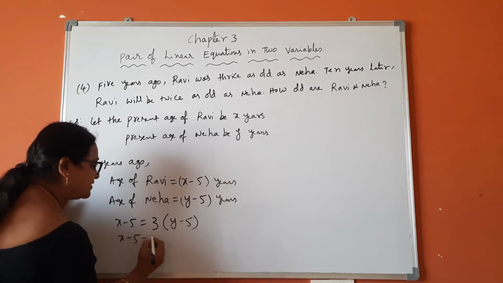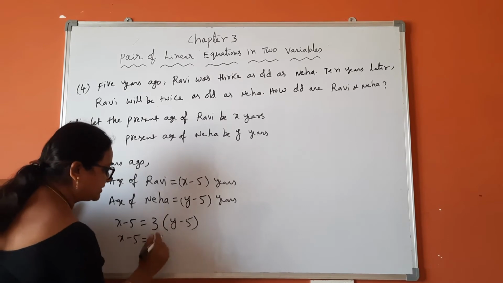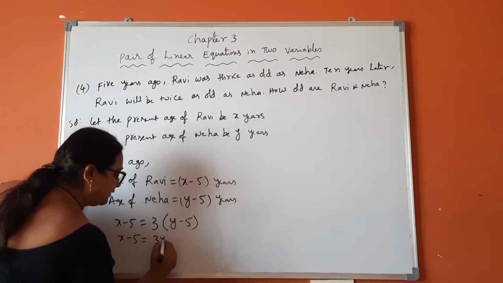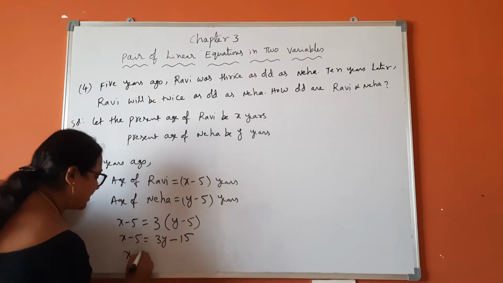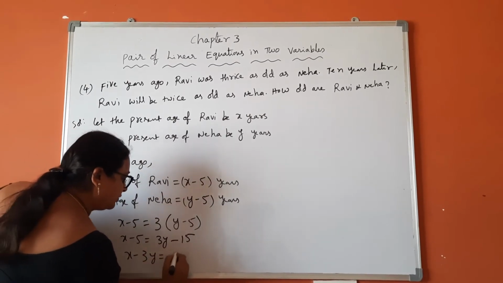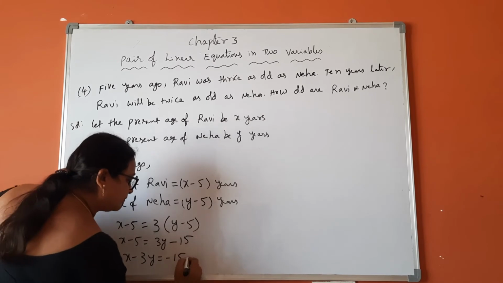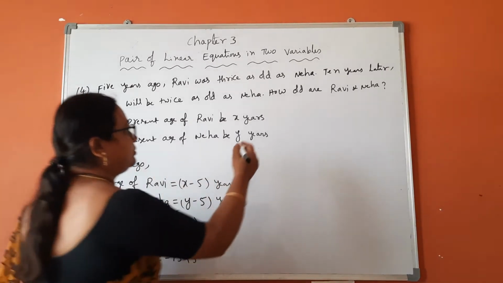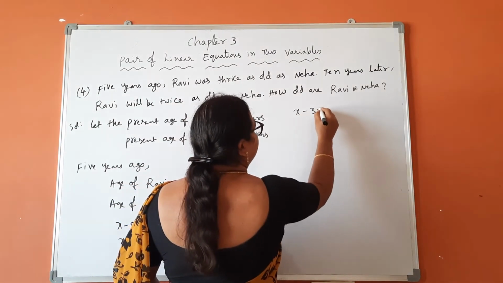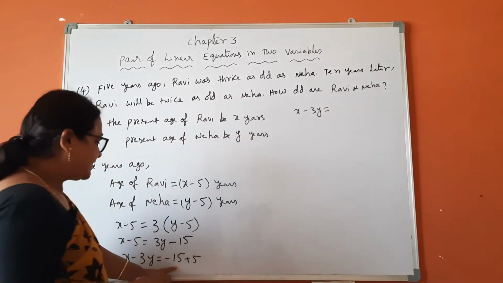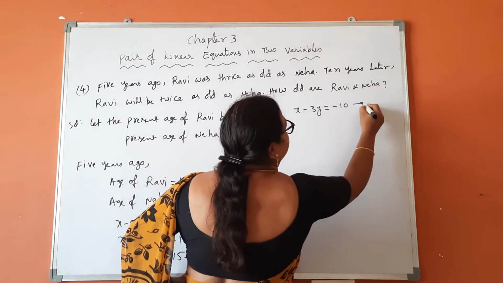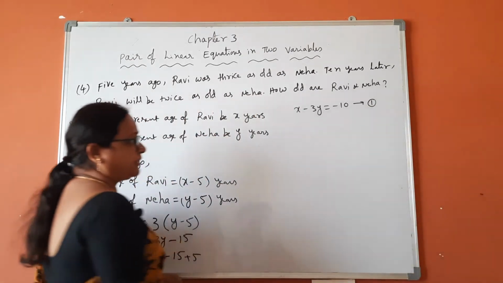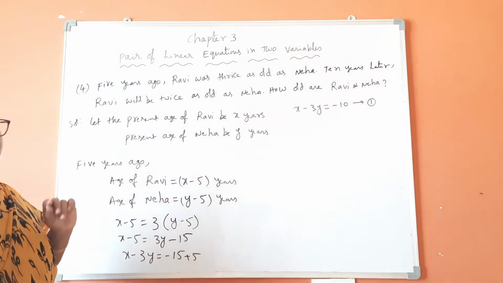X minus 5 is equal to, now open the brackets. 3 into Y, 3Y minus 3 into 5, 15. So X minus 3Y is equal to minus 15 plus 5. So X minus 3Y is equal to minus 10. This is the first pair of linear equation in 2 variables.